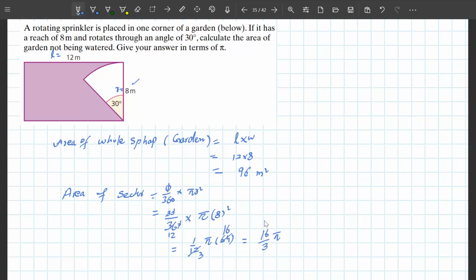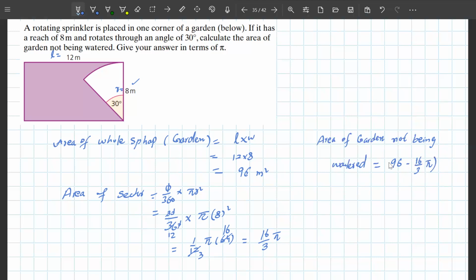So next we can say that the area of the garden not being watered is equal to the total area of the whole shape, which is 96, minus the area of the sector, which is 16 over 3 pi.